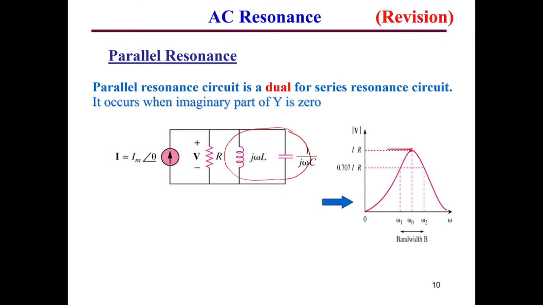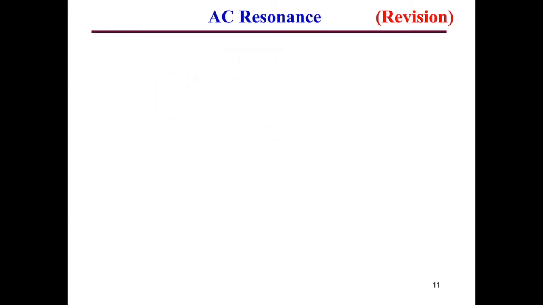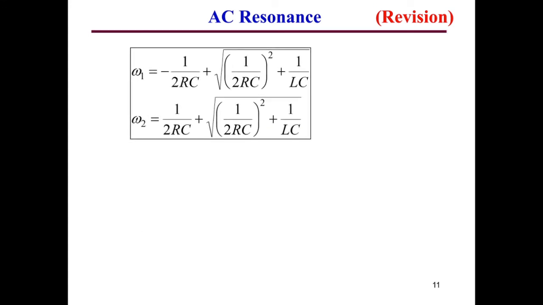If we divide that by root 2, then again we call it the half power frequencies, W1 and W2. And again we have the bandwidth. This is W1, this is W2 in general. The bandwidth will be the difference between the two, and it will also be equal to 1 over RC.